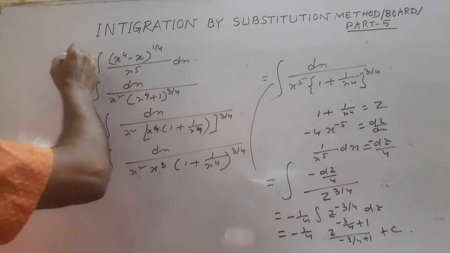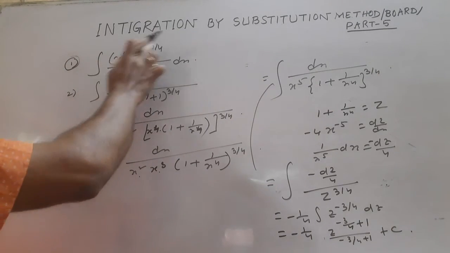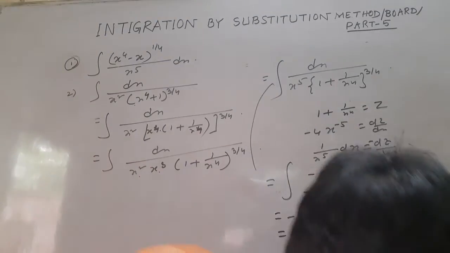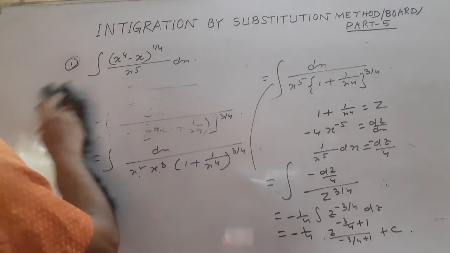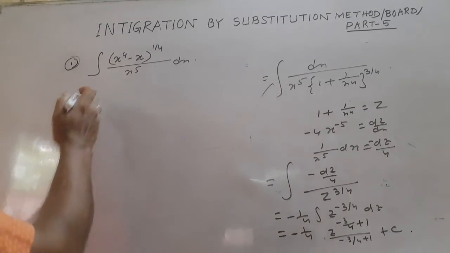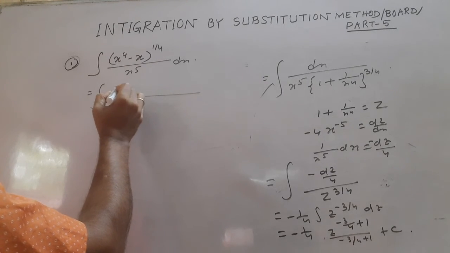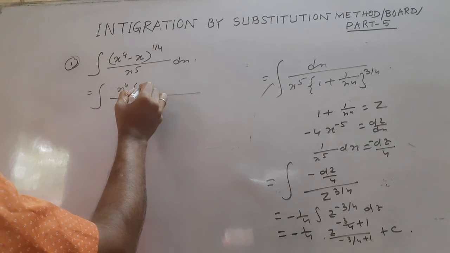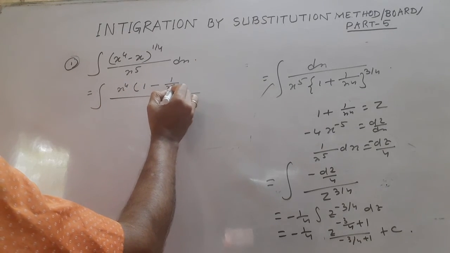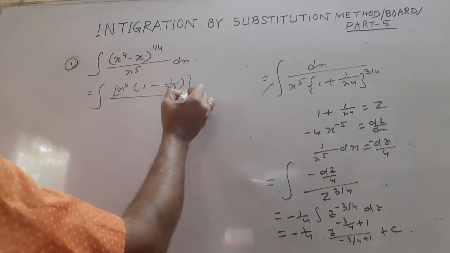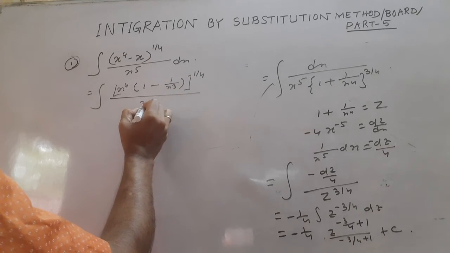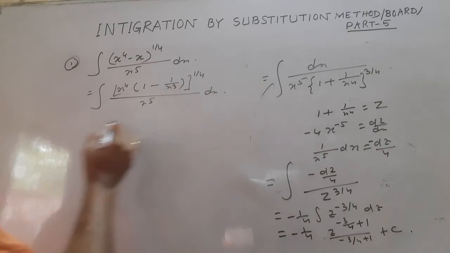Now in the first one, you have to take x to the power 4 common. So if you take x to the power 4 common, x to the power 4 into 1 minus 1 by x cube, total power 1 by 4, by x to the power 5.